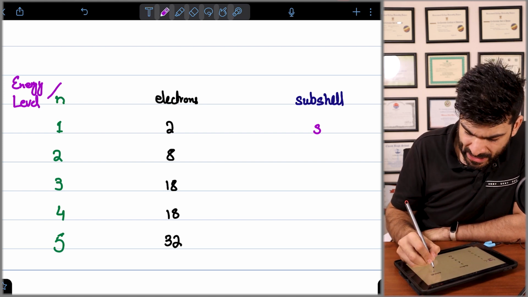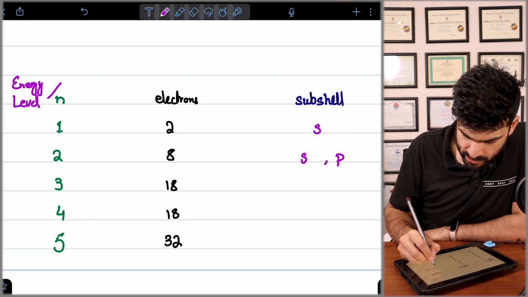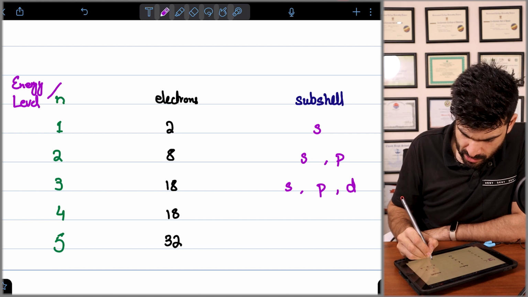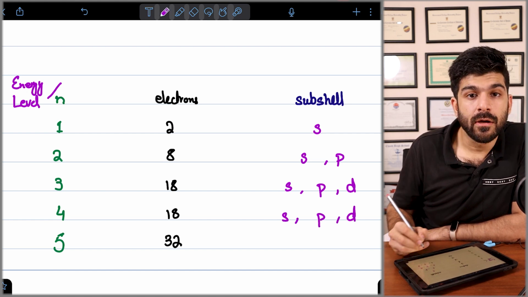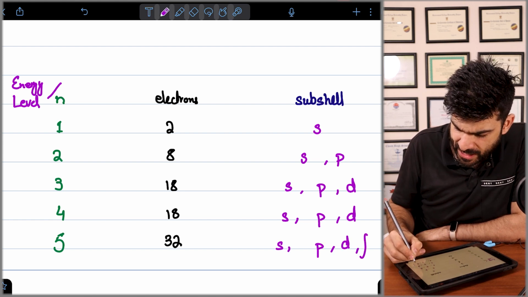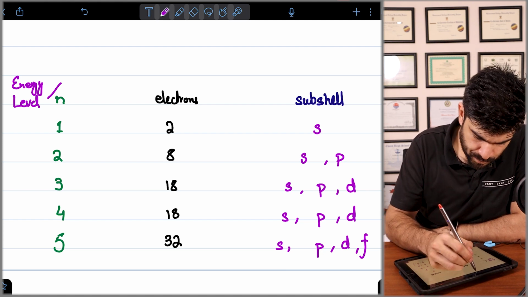Eight electrons. So it has 1 S and 1 P. What about the third one? It has 1 S, 1 P, and 1 D. Fourth, S, P, D. Fifth, S, P, D, and F. So that is how we're going to do.